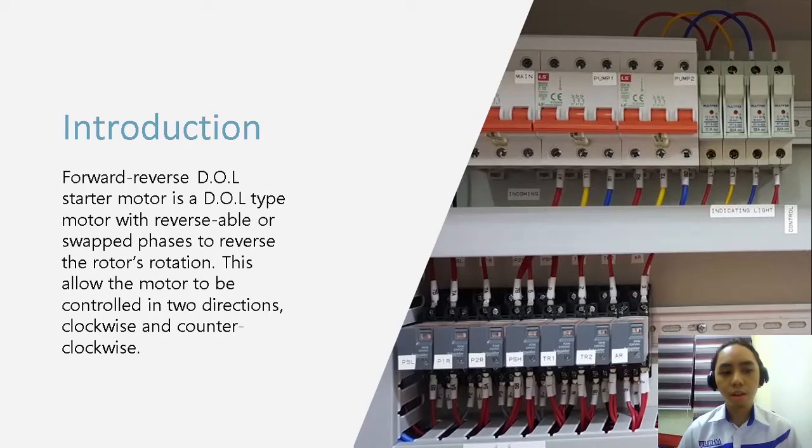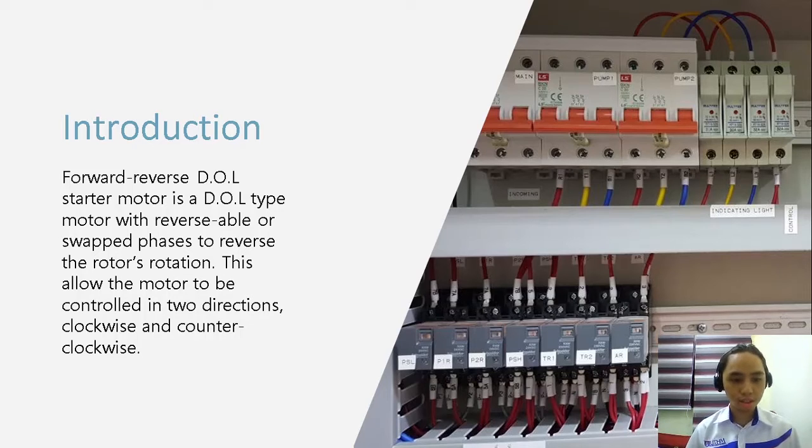So, introduction. The forward reverse DOL starter motor is a DOL type motor with a reversible or swapped phase to reverse the rotor's rotation. So it's basically the same DOL with an extra line to insert a reverse phase, where the phase is swapped to make the rotor go in the opposite direction.